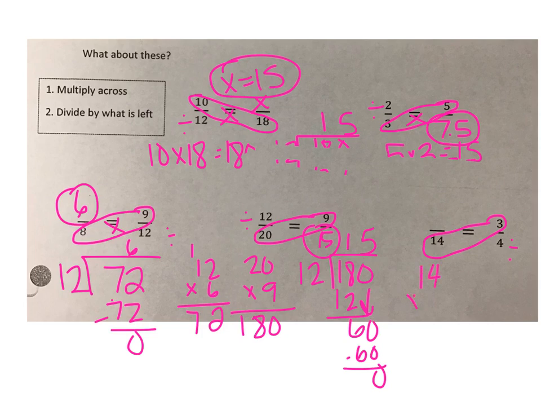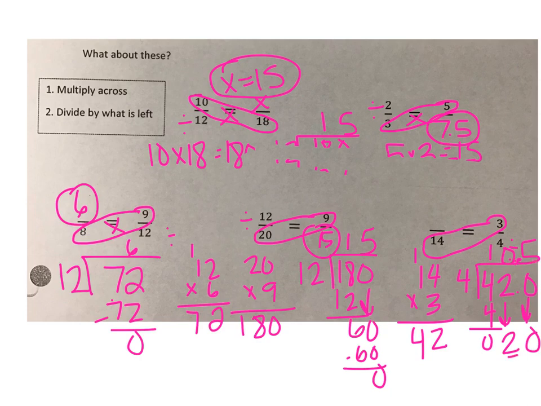Then 14 times 3 gives me 42. 42 divided by 4. Goes in 0 times. Don't forget that 0. Add your decimal and your 0. Goes into there 20 times. So then we have 10 and 5/10.